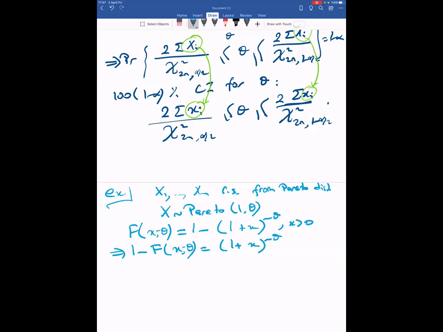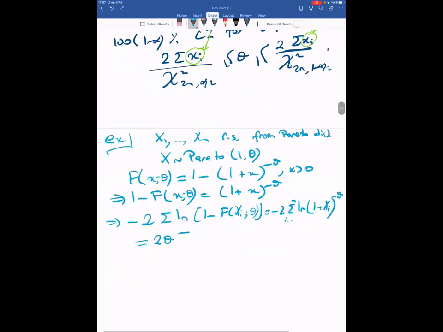Then, using the CDF method, we can find our pivotal quantity as minus 2 times the summation of ln(1 minus CDF), which is minus 2 times the summation of ln(1 plus xi to the minus theta), with i from 1 to n. This is chi-square distributed with 2n degrees of freedom, and this will be our pivotal quantity for theta.